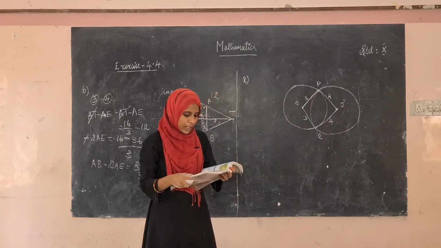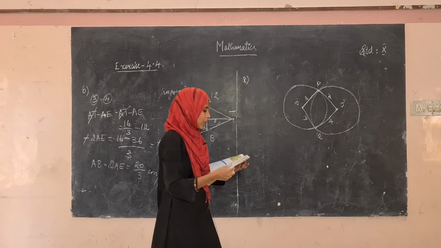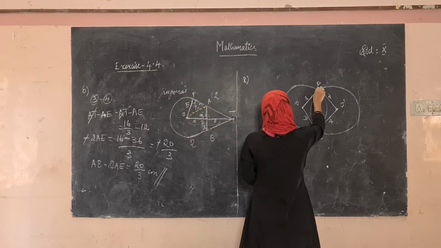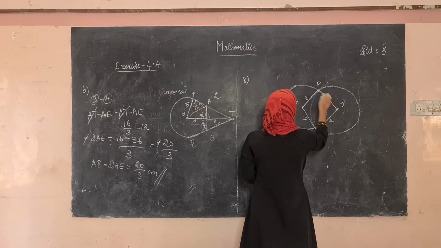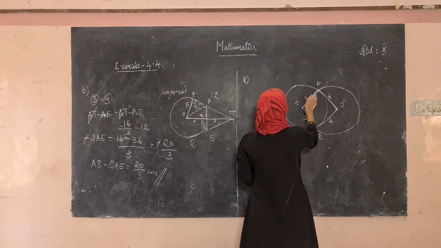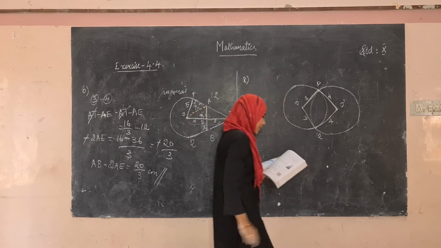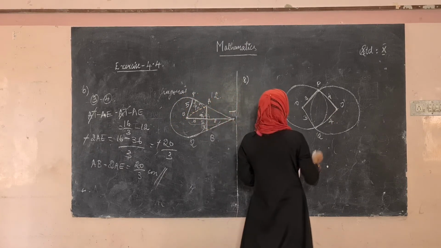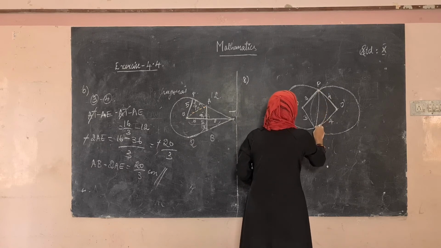Oh, this was given, right? 4 centimeter, intersect at the points P and Q such that OP and O dash P are the tangents. These two things are the tangents. So the lengths of the tangents are 3 and 4 respectively. Find the length of the common chord.